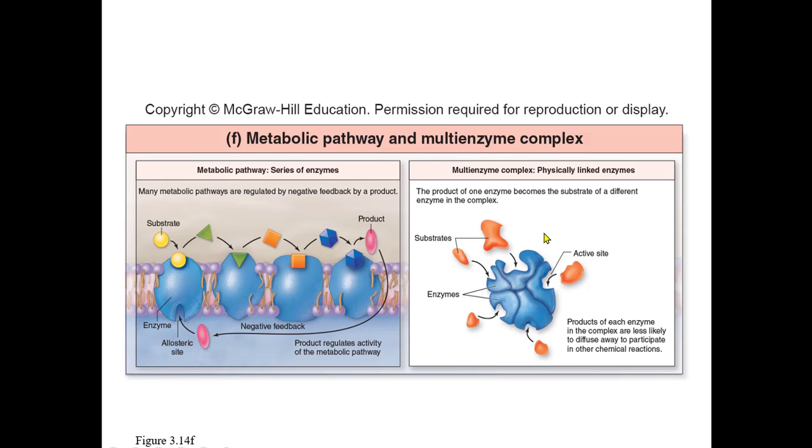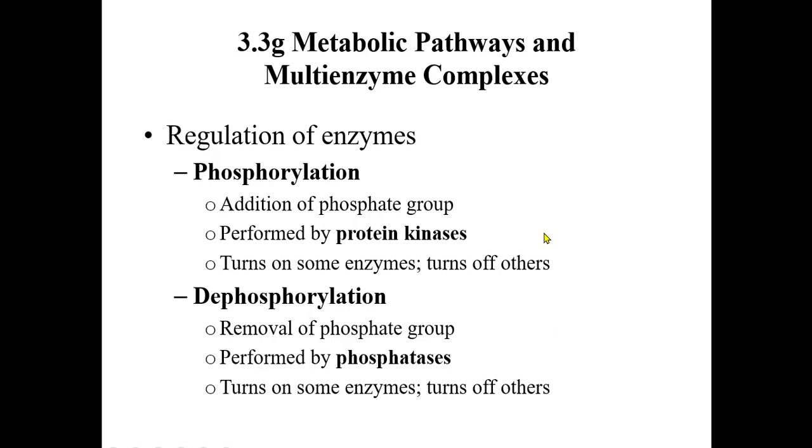Don't care for this either. Okay, there's my magic word, phosphorylation. You already know it. I don't care for the rest of this, but I already told you phosphorylation is the act of putting a phosphate group on something to provide it with energy. Look what it says down here. Phosphorylation, and then down here it says turns on some enzymes.